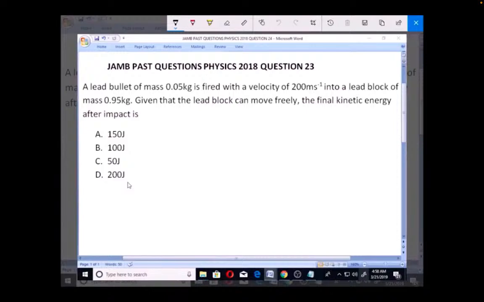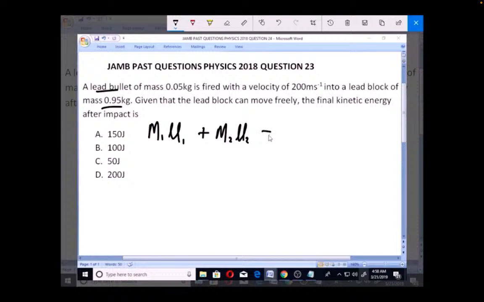Whenever you hear impact due to firing, you'll note that you have the initial mass of the lead bullet, m1, multiplied by its velocity, plus the mass of the block onto which it is making impact, m2, multiplied by its velocity before the impact.